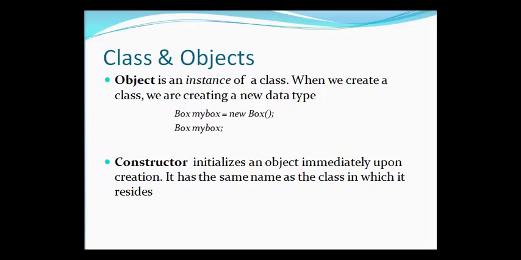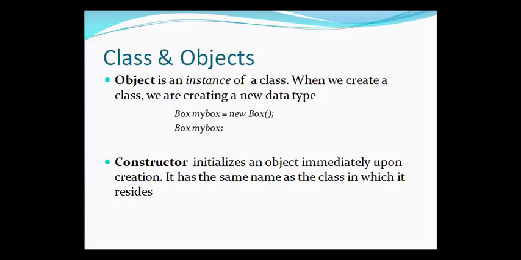Objects. An object is an instance of a class. When you create a class, you are creating a new data type. You can use this type to declare objects of that type. Here we can see how we are declaring or defining objects. Box myBox equal to new Box. Here we are defining an object named myBox of the class type Box.